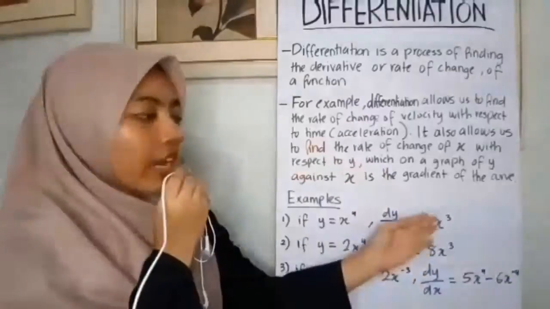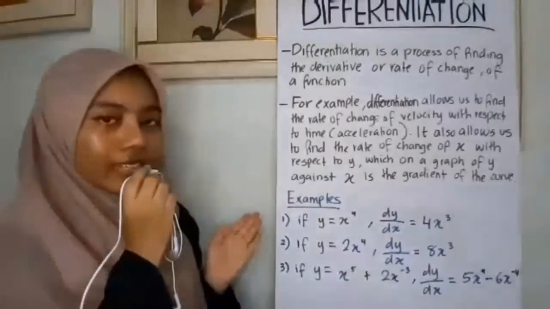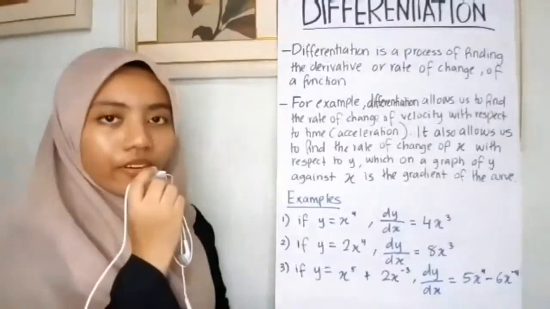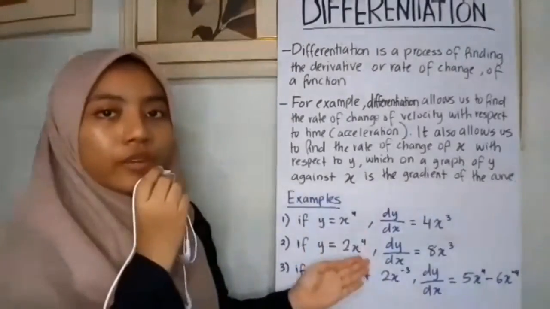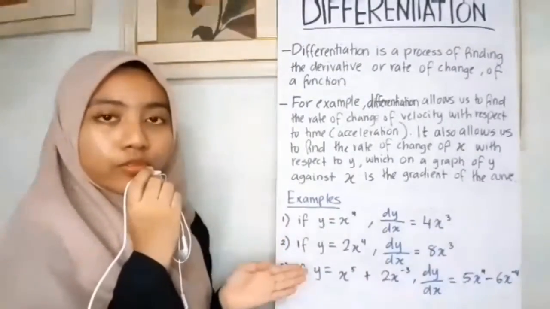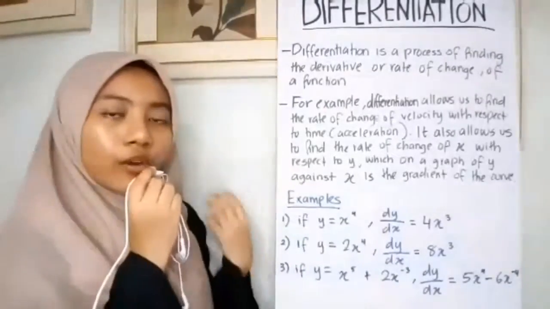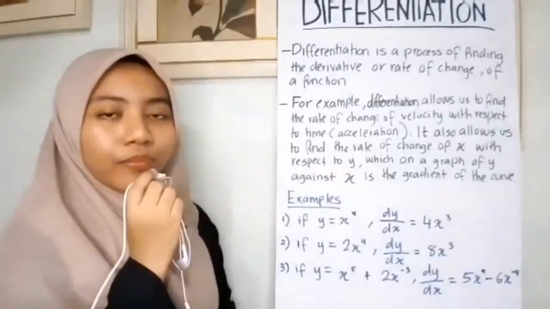So 4x cubed. Next example, y equals 2x to the power of 4. Same as the first example, we bring 4 to the front, but we have 2 already in front, right? So we multiply 4 with 2, and we get 8x cubed.